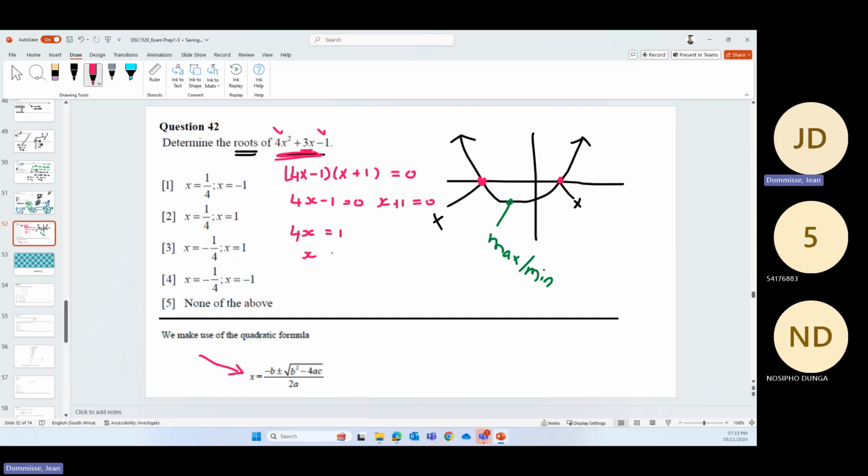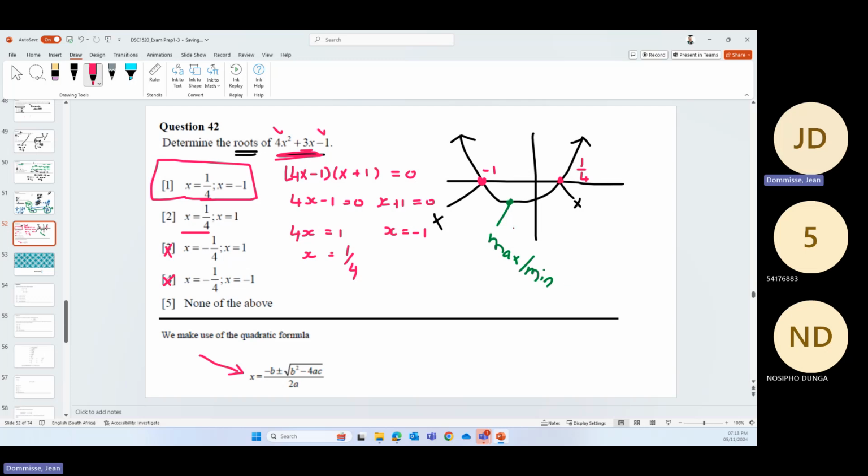So x is equal to 1 over 4. And then x plus 1 goes over to become x equals minus 1. So there we have our answer. x here was minus 1, x here was 1 over 4.